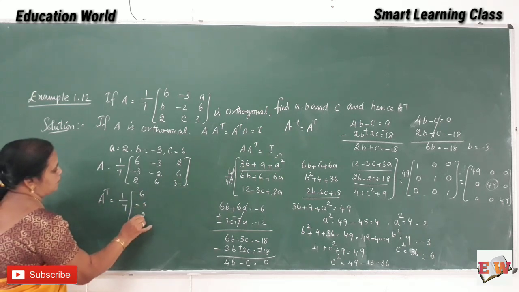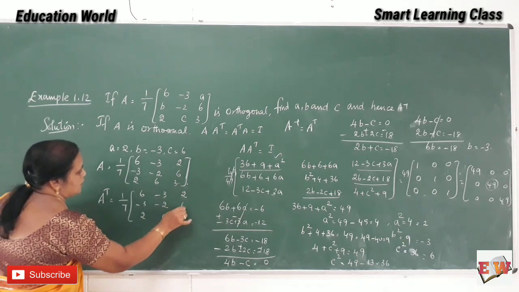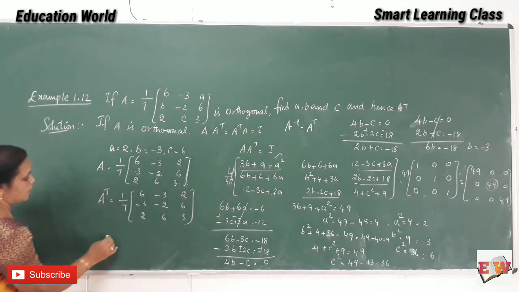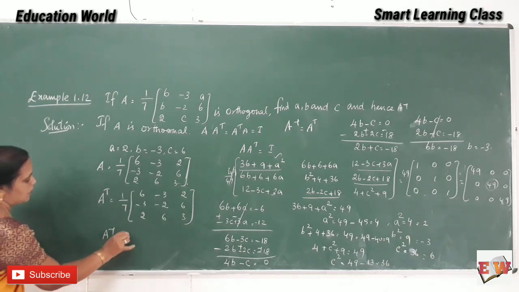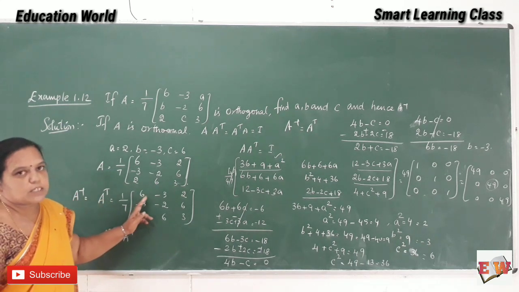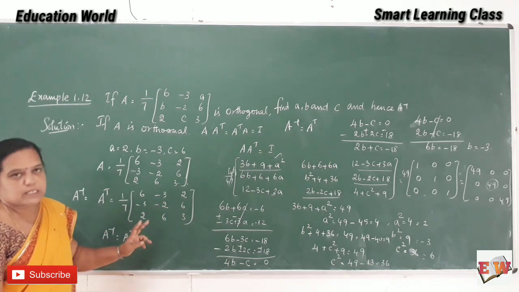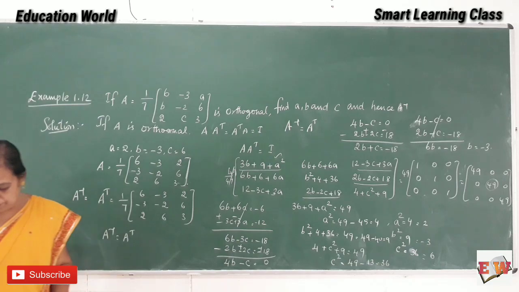Minus 3, 2, minus 3, minus 2, 6, 2, 6, 3. This is known as the A inverse. Why? Because A transpose is equal to A inverse. So A inverse is equal to A transpose is equal to 1 by 7 times the matrix with rows 6, minus 3, 2, minus 3, 2, 6, 2, 6, 3. Thank you.